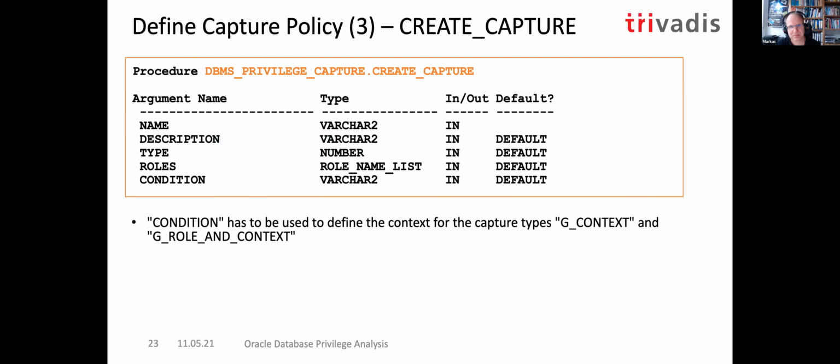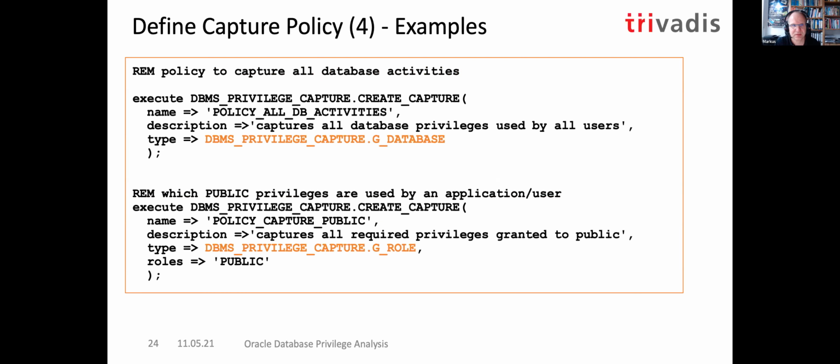Here's a syntax diagram. DBMS_PRIVILEGE_CAPTURE.CREATE_CAPTURE with name, description, type, as mentioned, one of the constants before, roles, one or more roles, and the condition is basically the context. Here's an example. The simplest one is all database activities.